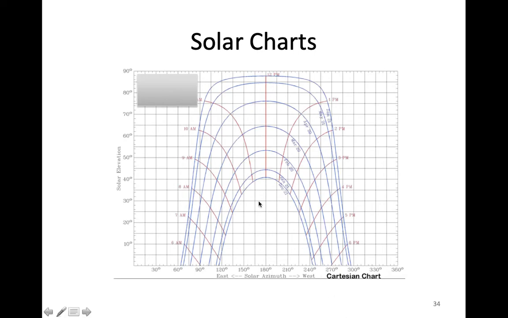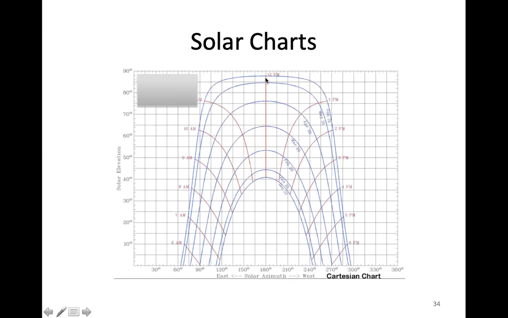angle very easily. Suppose we choose the solar path of January 21st, and at time 2 p.m., we want to know the altitude of the sun; the crossing point is this. So we go to the left side, which gives the solar elevation in degrees, and on the right side, we get the solar azimuth angle. The sun rises in the east and follows this path.